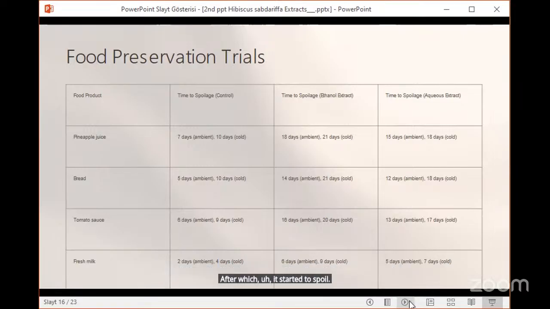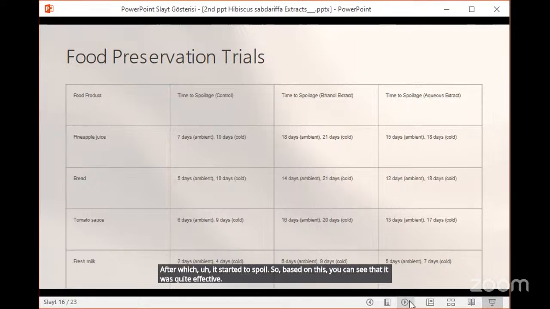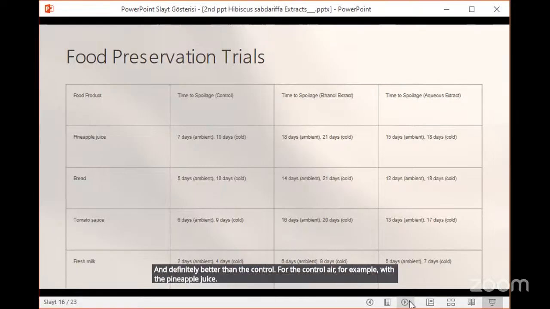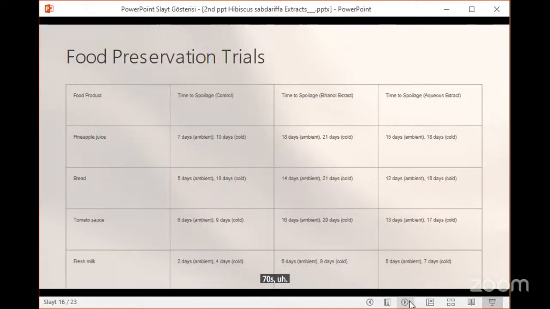So based on this, you can see that it was quite effective and definitely better than the control. For the control, for example, with the pineapple juice, 7 days at ambient temperature, 10 days in the refrigerator. But with the ethanolic extract, it was 18 days and 21 days. And then with the aqueous extract, it was 15 days and 18 days. Same with the bread, same with the tomato sauce, and same with the fresh milk. So next slide, please.